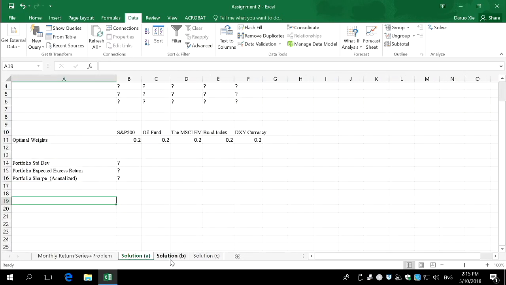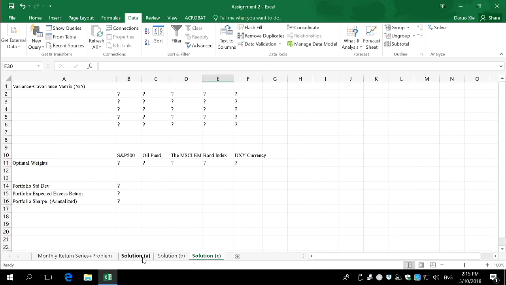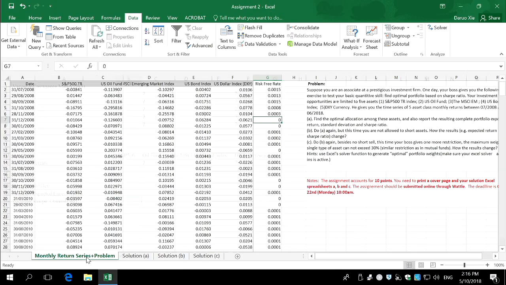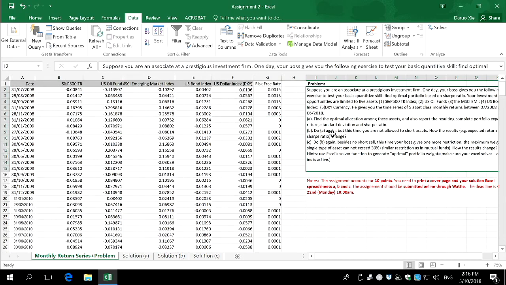And what's the difference between A, B, C? If you figure out A, B, and C, it would be very easy. They're basically the same. The only difference is to do A again, but with some additional constraint. For example, B is do A again, but this time you are not allowed to short assets. What does that mean? That means your portfolio weights for each asset should be non-negative, right? So all those 5 weights should be positive.